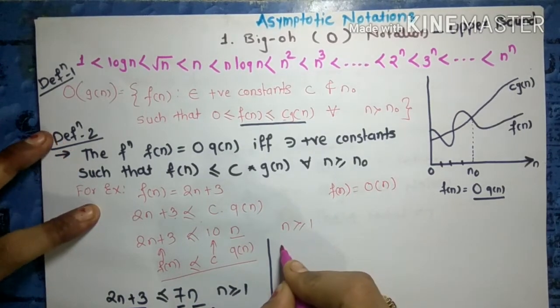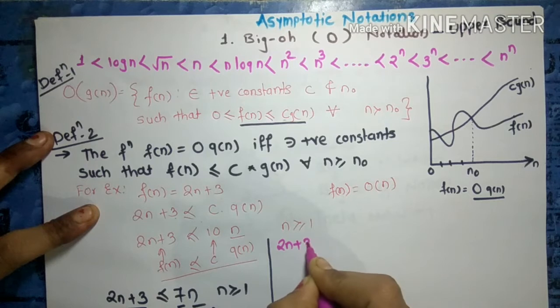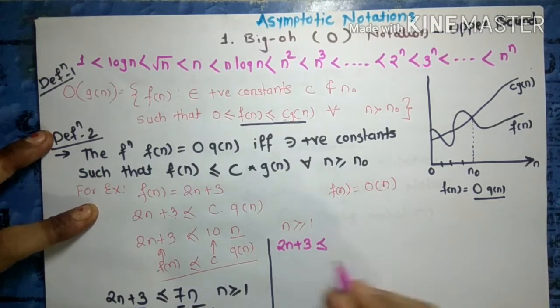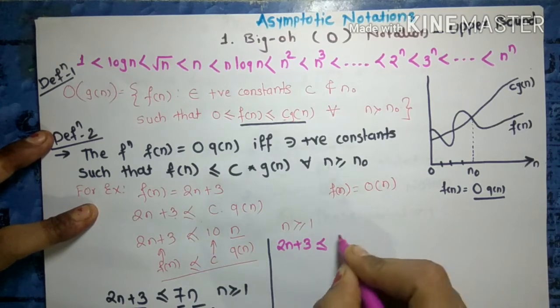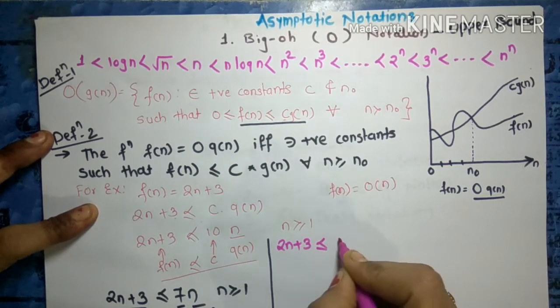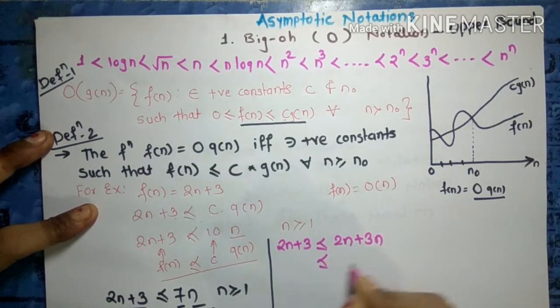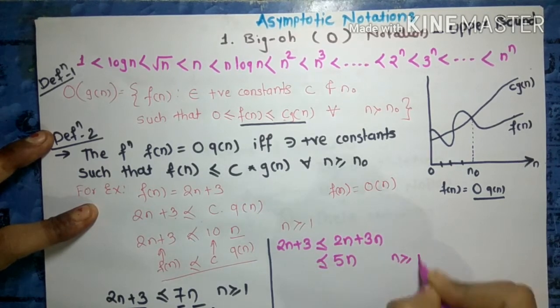Instead of struggling with which number we have to take here, let's keep f of n the same, that is 2n plus 3. To make this less than or equal to something, make this a linear function in terms of n, like 2n plus 3n. So what will this be then? 5n. So 5n for all n greater than or equal to 1.